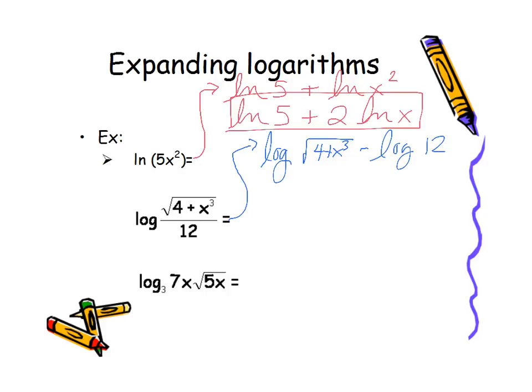Now the log of 12 is done, but this first thing, you can look at this quantity that is being square rooted and think of it, put in parentheses, with a power of 1/2. Which means I can pull a 1/2 out in front. Make sure that you keep parentheses around that 4 plus x cubed because all of that is being taken the logarithm of. If you don't have that, it would look like you're only taking the log of 4, and then separately, you're adding x cubed.